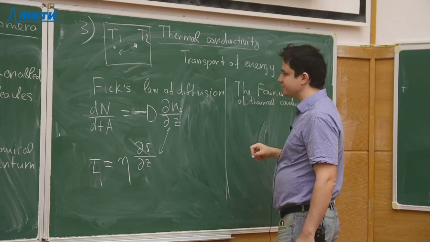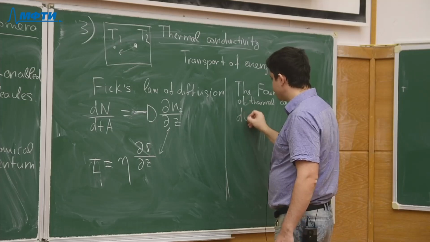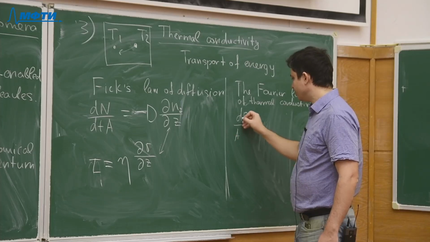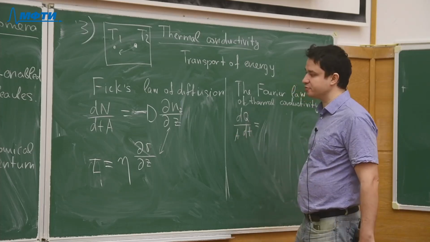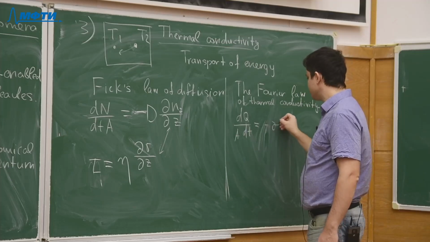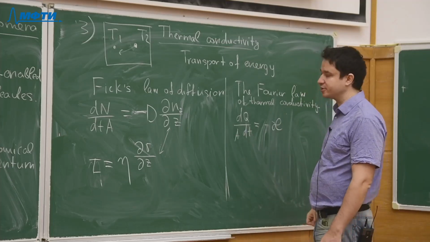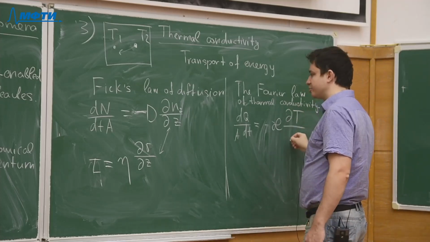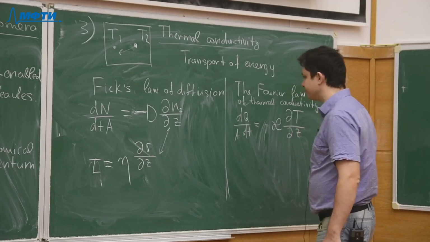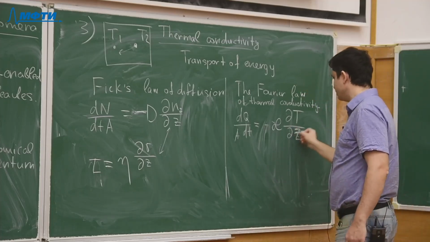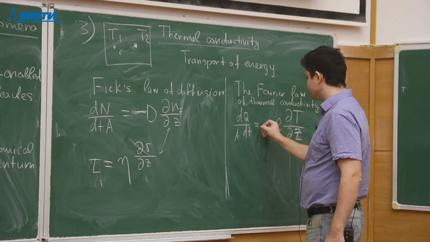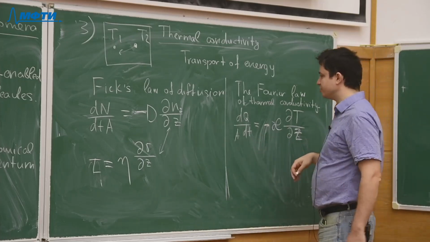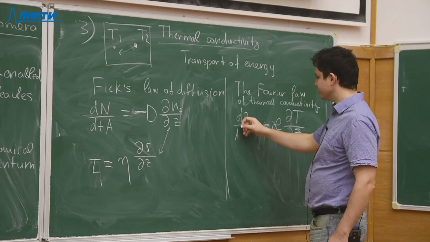It says that the amount of heat transferred per some cross-sectional area per unit of time is equal to minus kappa, which is called thermal conductivity coefficient, multiplied by the partial derivative of temperature with respect to z in a one-dimensional case. Of course, this can be extended to multi-dimensional case, but I'm going just to start with the one-dimensional case and then go to multiple dimensions.